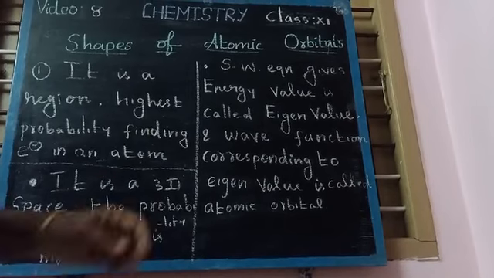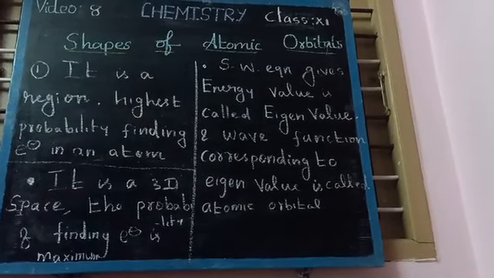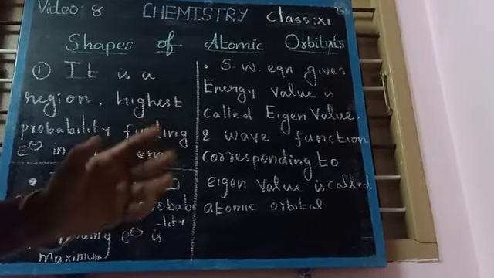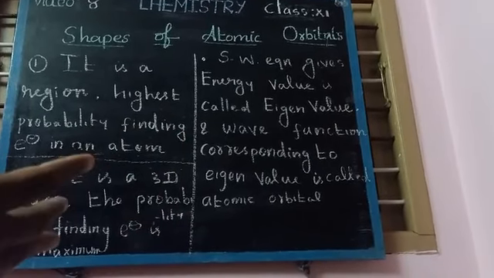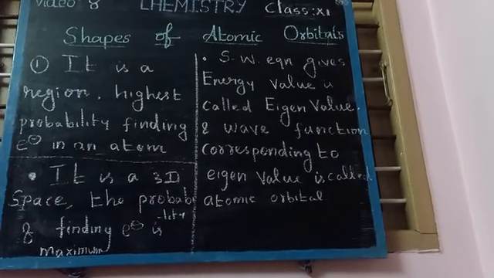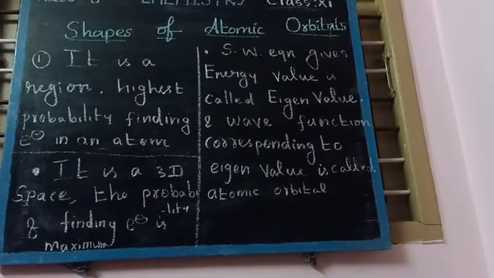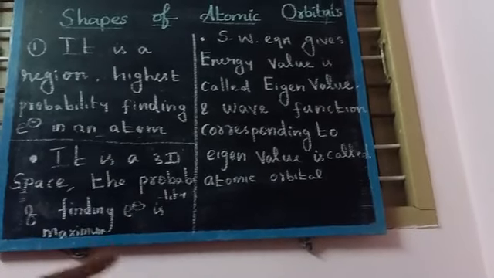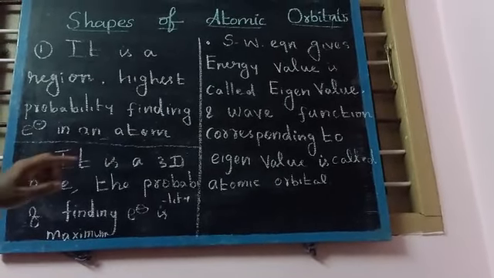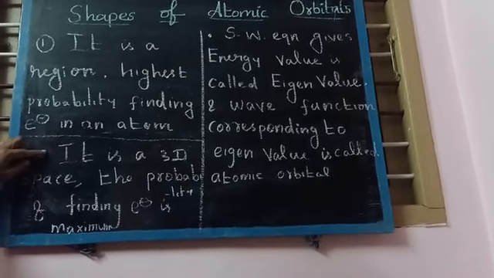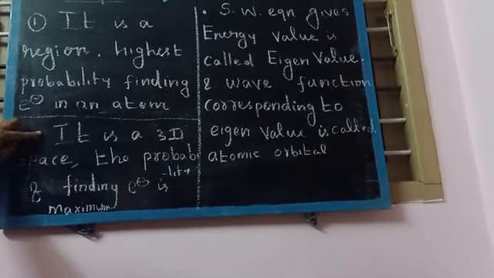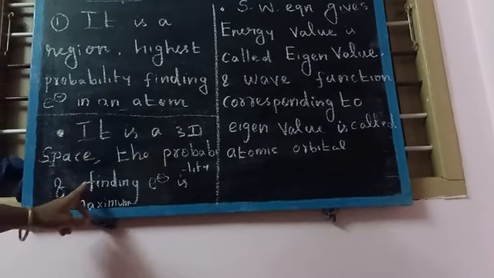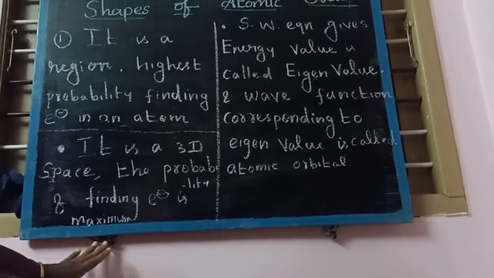Children, now see the atomic orbital definitions. Atomic orbitals have different ways of defining them. I am writing 3 definitions here, and all the definitions give the same point but in different ways. An atomic orbital is a 3-dimensional space in which the probability of finding an electron is maximum.